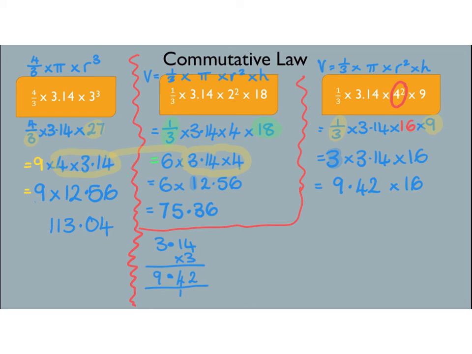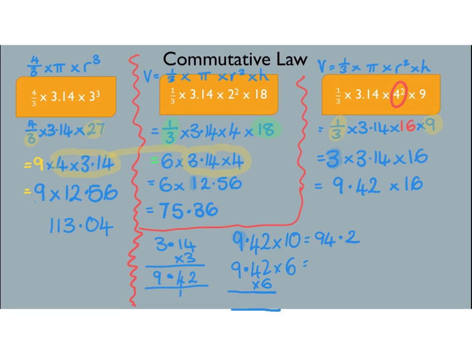So we need to do 9.42 times 16. Now I'm going to think about 9.42 times 10 and 9.42 times 6. 9.42 times 10, move each digit across 1. And then 9.42 times 6, I think I'd rather do that round this way.